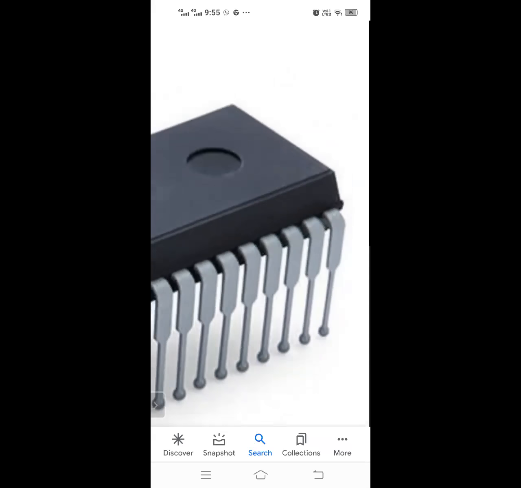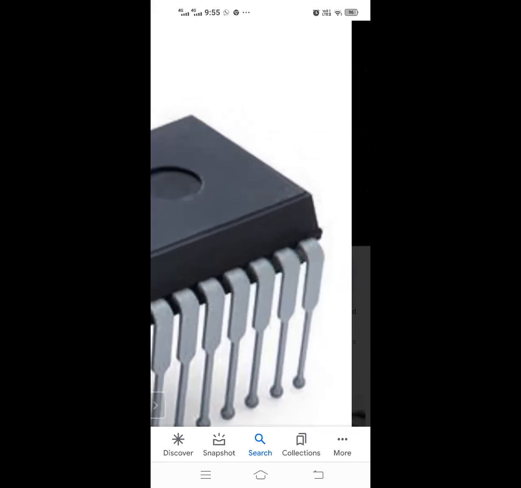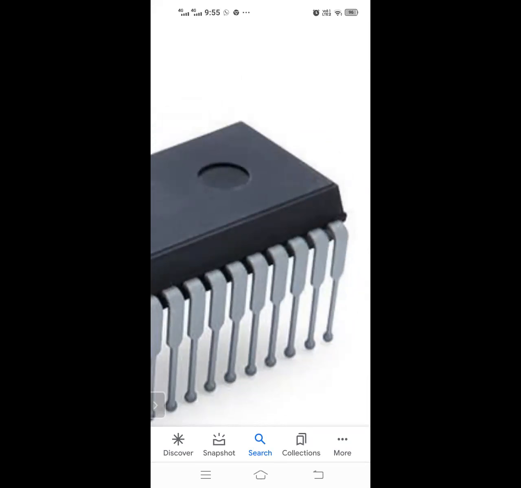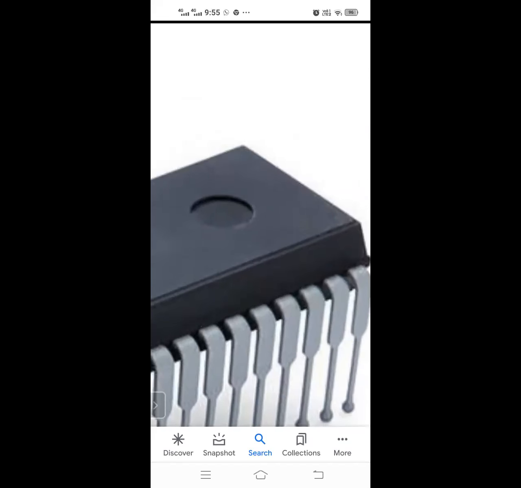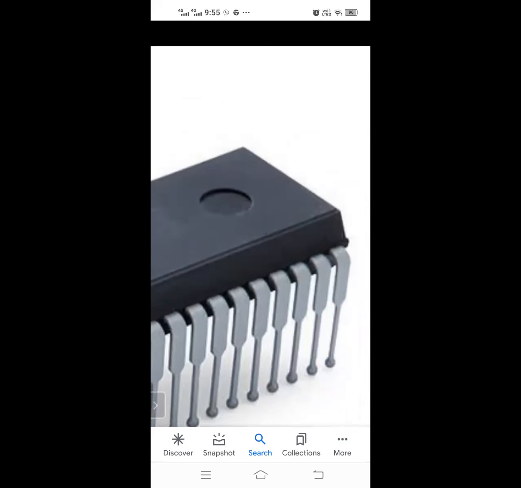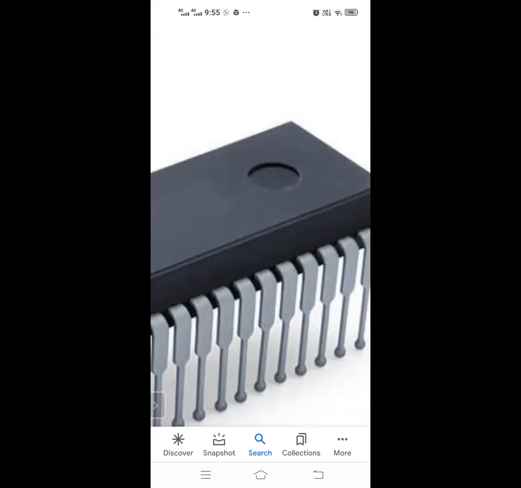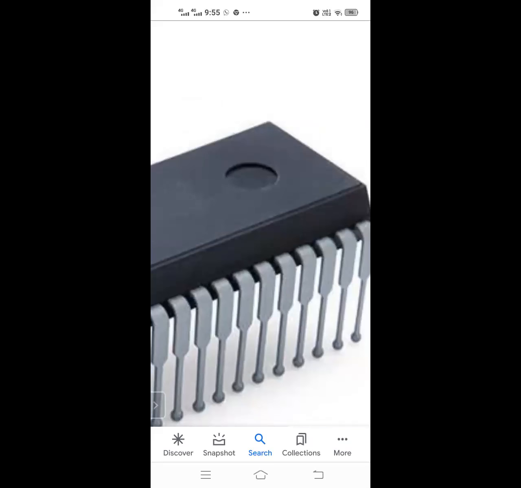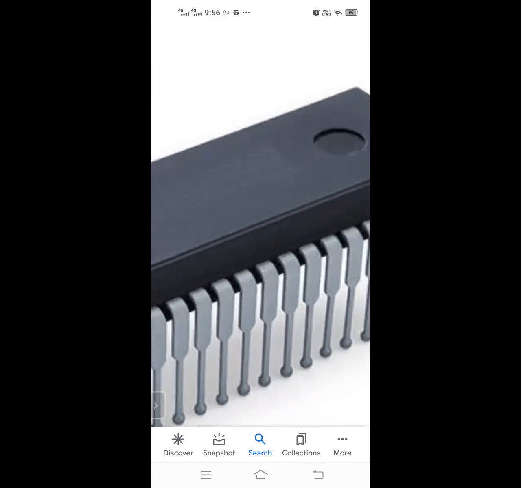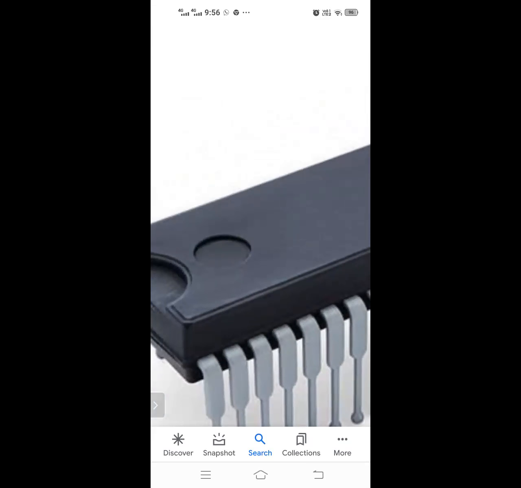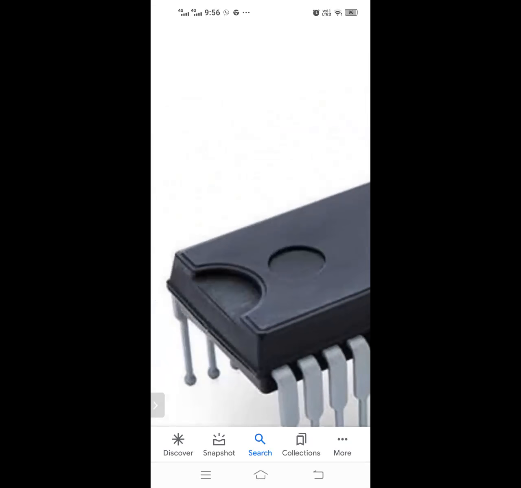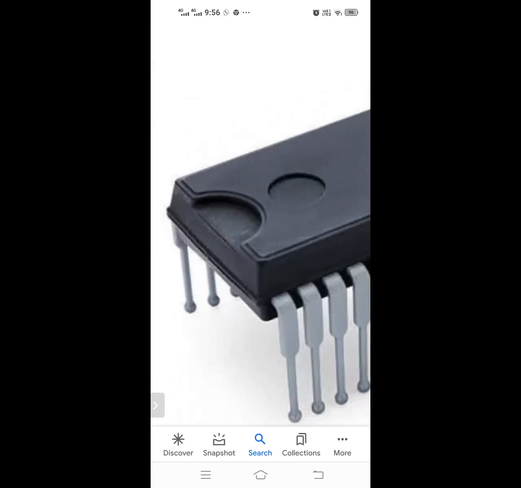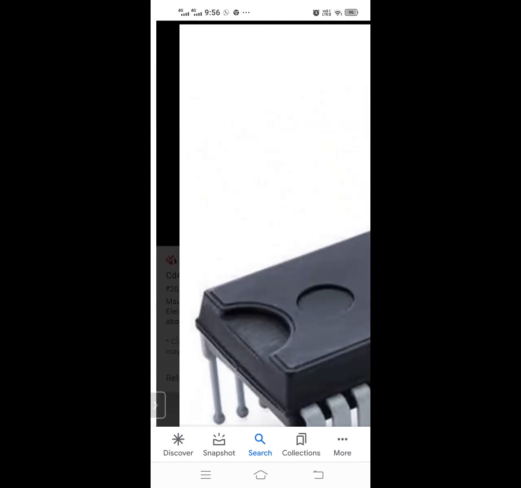Once you complete counting this much, say suppose these are 20 pins, then from this side, just like the pins here, on the back side also you have pins. So that is your 21, 22, 23, 24, 25, 26. Like this you will have 40 pins. So this pin is the 40th one, the last one.